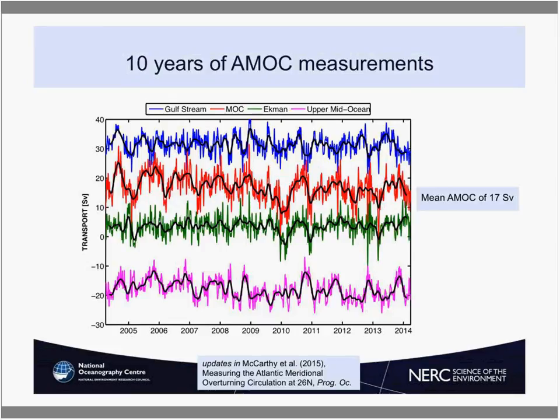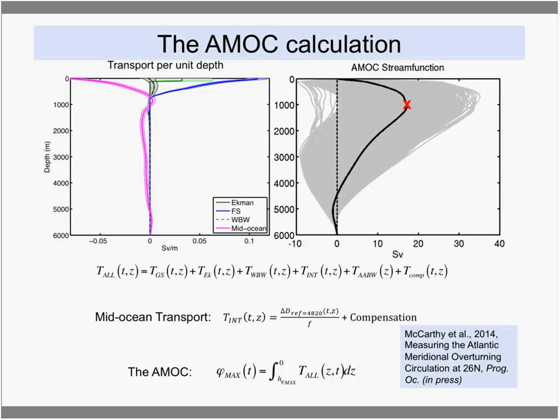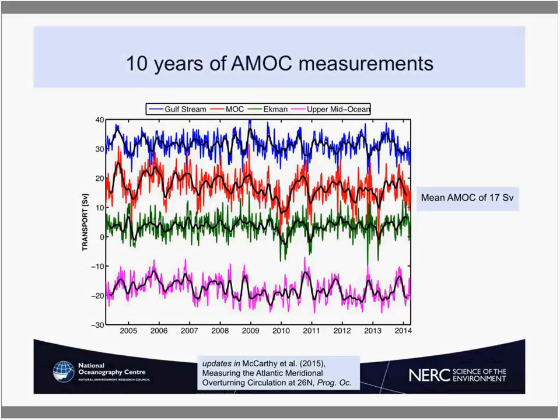We've got mid-ocean transports, and I'll just take you back one slide. The mid-ocean transport is this magenta line on the left-hand figure, just in the top 1,000 meters. It's defined as the mid-ocean transport down to the depth of the overturning circulation. So you have the Gulf Stream, the Ekman transport, and the upper mid-ocean transport, and that gives you the overturning circulation.